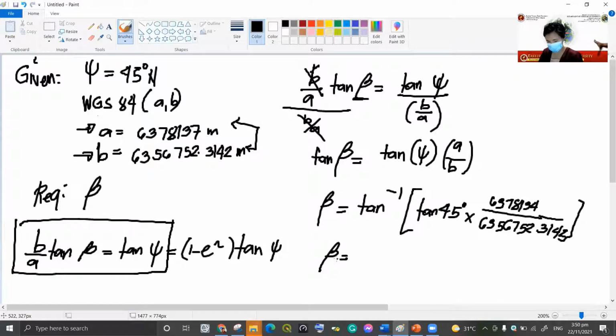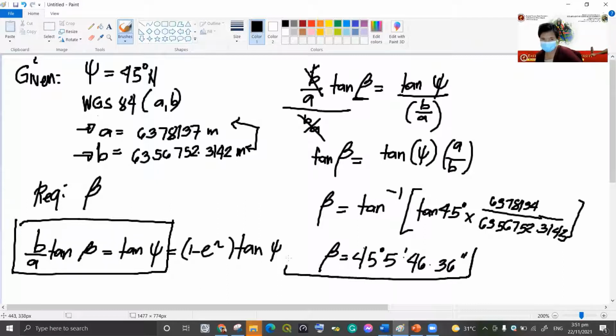Let me double check. We have 6378137 over 6356752. So the answer is equivalent to 45 degrees, 5 minutes, and 46.36 seconds.